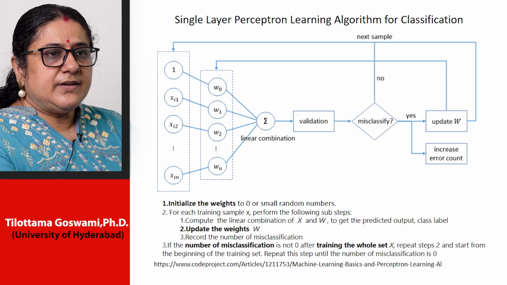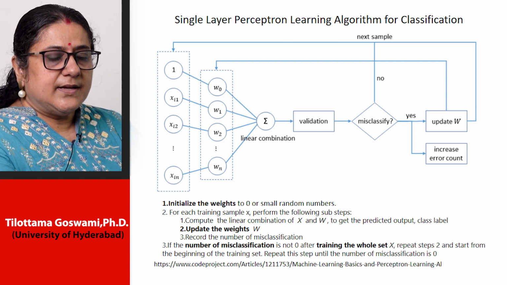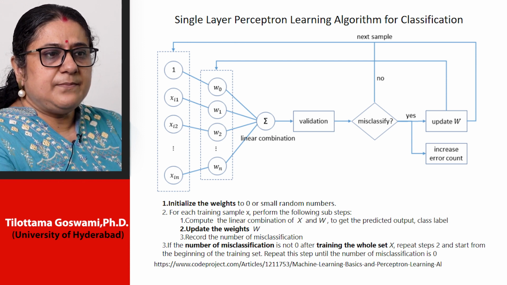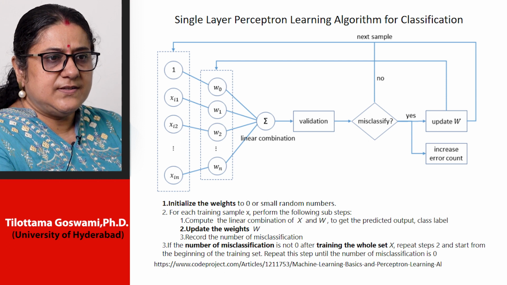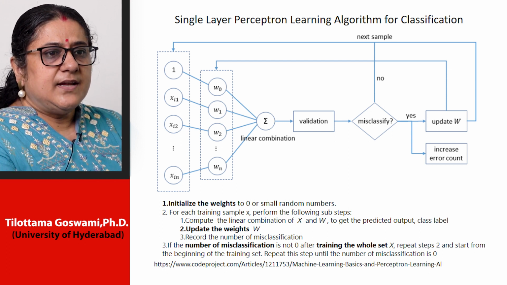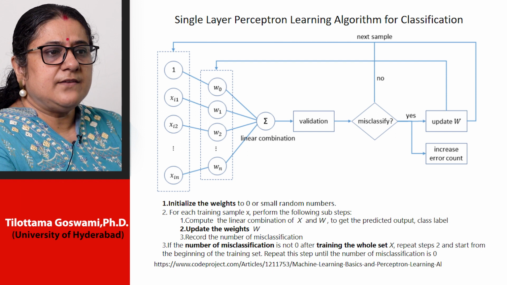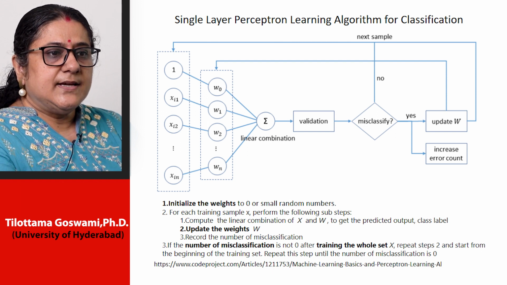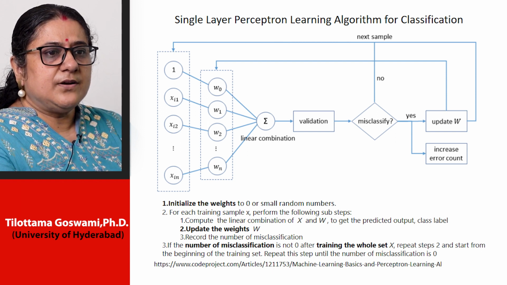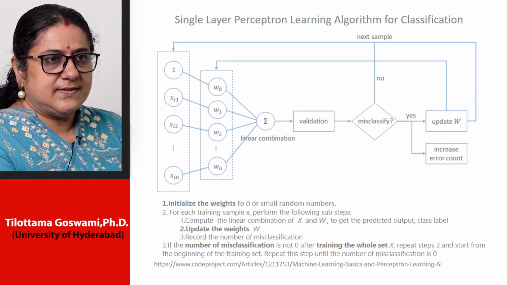Till the classification is correct, it will keep iterating, and then it goes to the next sample. If the number of misclassifications is not 0 after training on the whole set, repeat step 2 and start from the beginning of the training set. We repeat this until the number of misclassifications is 0.